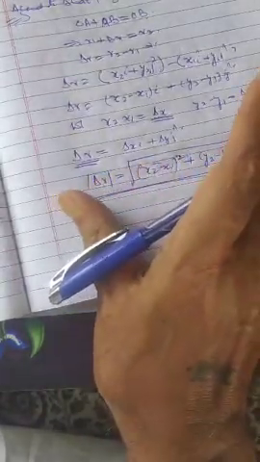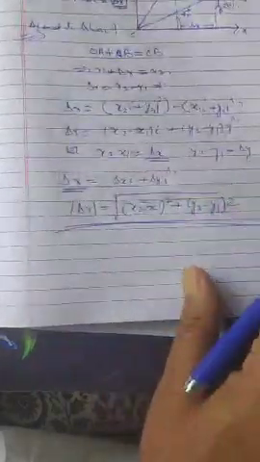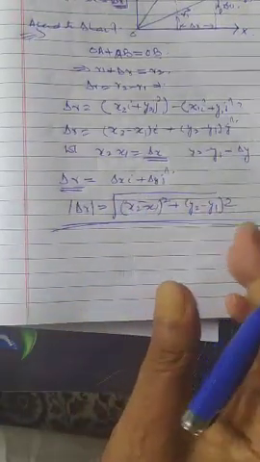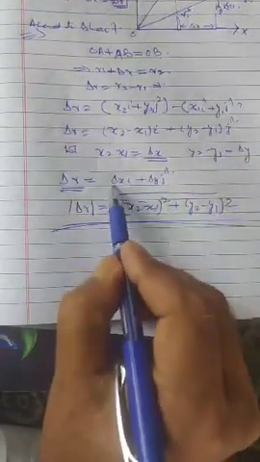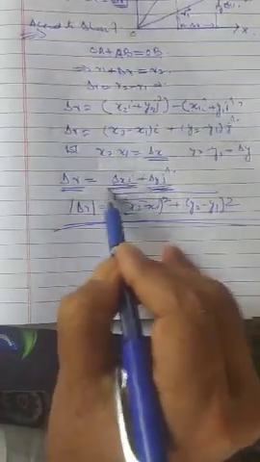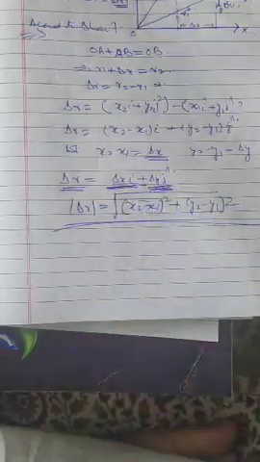This will be the displacement in an xy plane. So displacement of a particle in 2 dimensions is equal to del r is equal to del x i plus del y j. This is the displacement along x-axis and this is the displacement along y-axis.